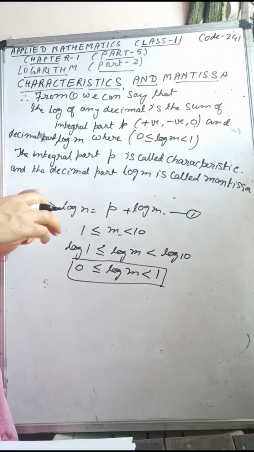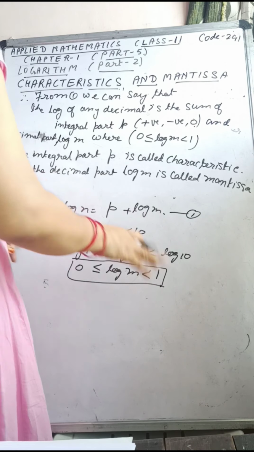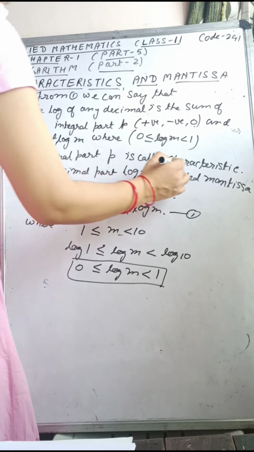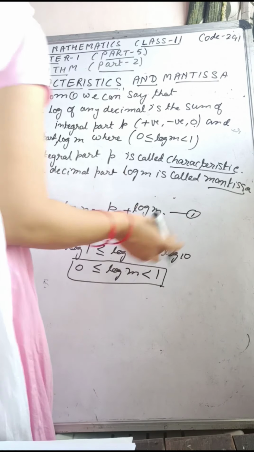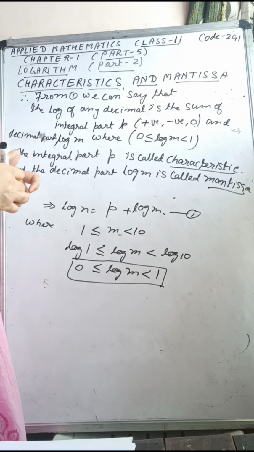It should not be 1, it can be 0. So it is never negative. Okay, so we understood what is characteristic and what is mantissa from the standard form of a decimal.